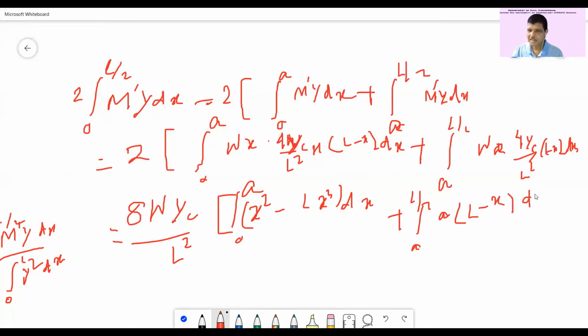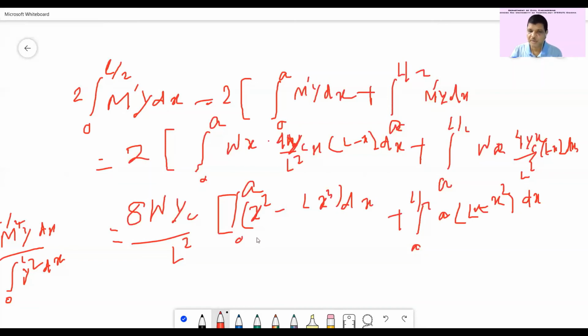I think this is correct. One x we have forgotten here: 4 yc by L square into x into L minus x, so L x minus x square into dx. Now you can do the integration very easily.